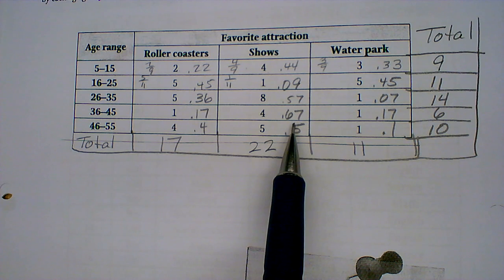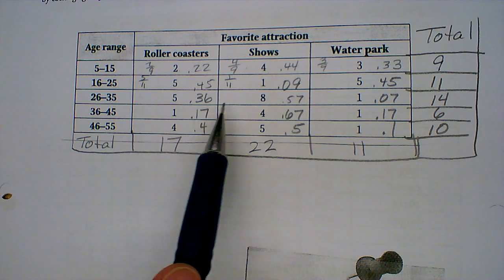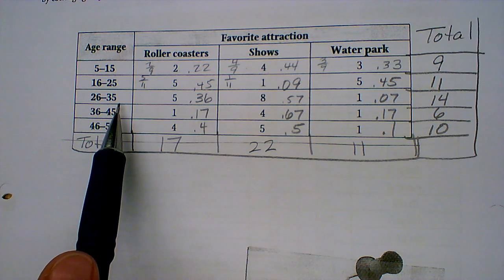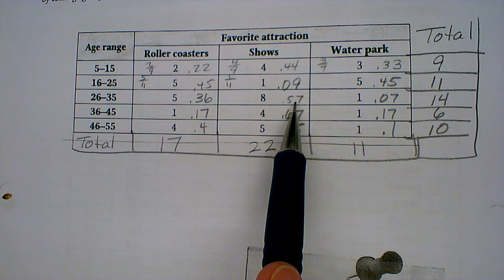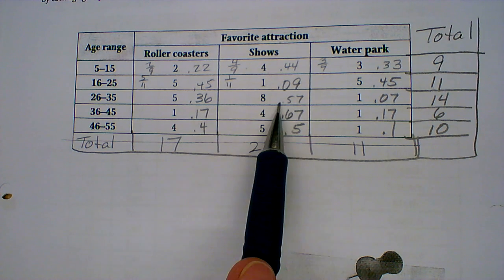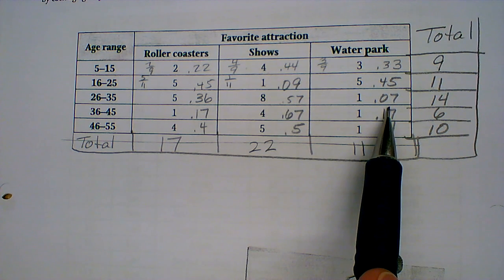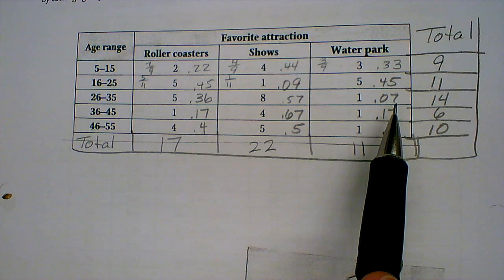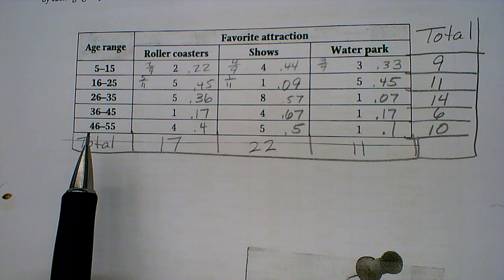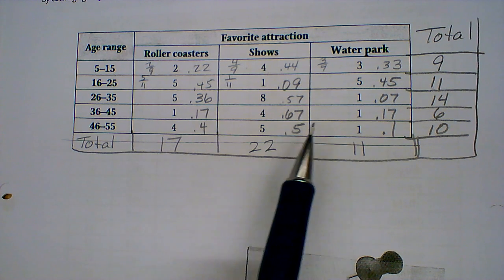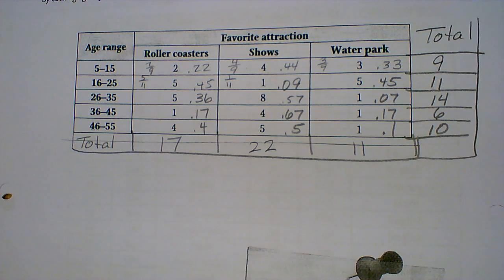They prefer to go to the shows. And we also see a difference in the 26 to 35-year-olds. 36% and 57% like roller coasters and shows, but they don't seem to be very interested in the water park. So this is why we did our conditional relative frequencies across our rows so that we could do our analysis by age group.